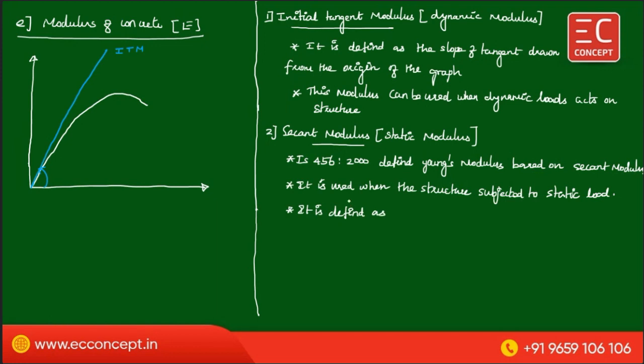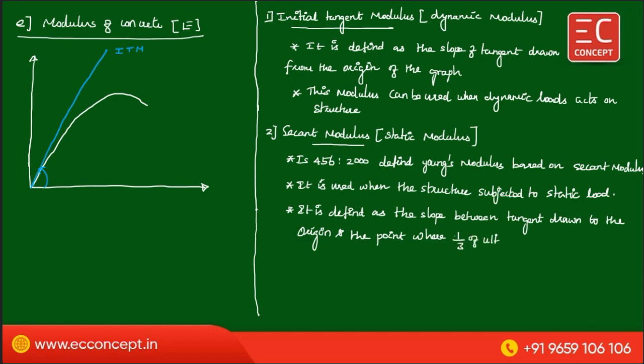How can we define it? It is defined as the slope between the tangent drawn to the elastic curve at the origin, somewhere here at this point, and the point at a value of 1/3 of the ultimate stress.